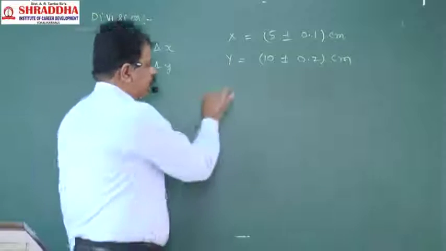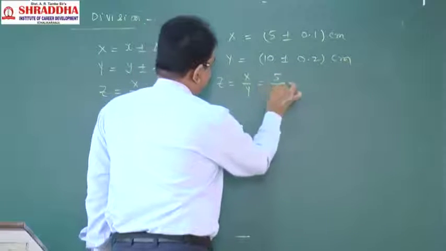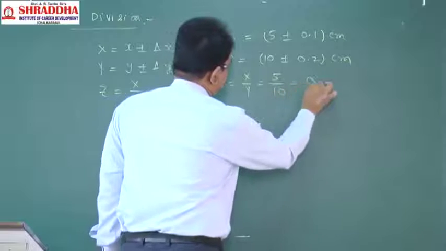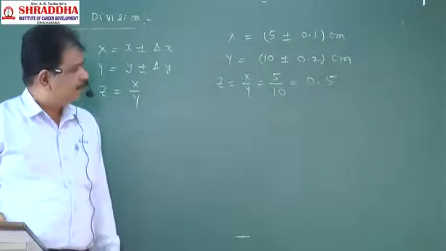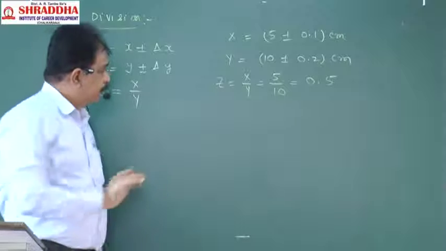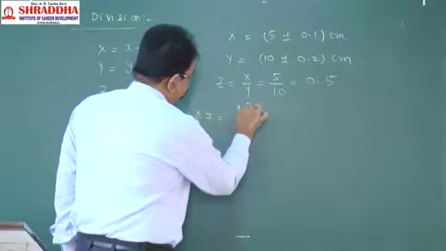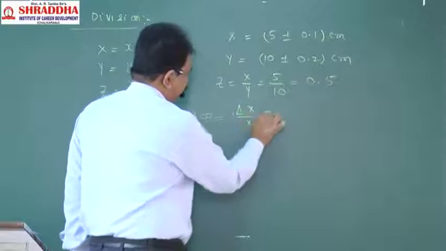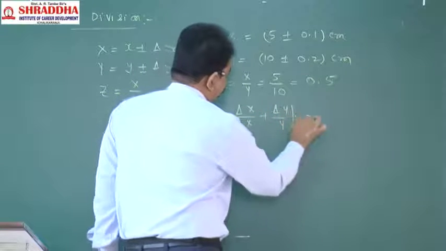Z is equal to how much? X by y means 5 by 10. This value will be 0.5. Clear? Next. Delta z is equal to delta x by x plus delta y by y into z.